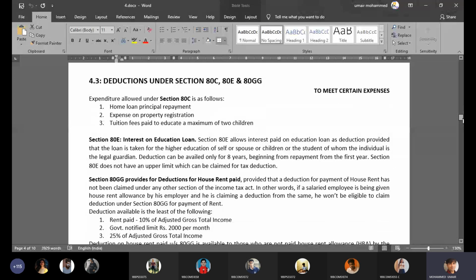Certain things which are important here: the loan has to be taken for higher education, and the loan can be taken for self, spouse, or children, or any student of whom the individual is the legal guardian. Higher education includes your graduation, post-graduation, and any studies done after post-graduation.